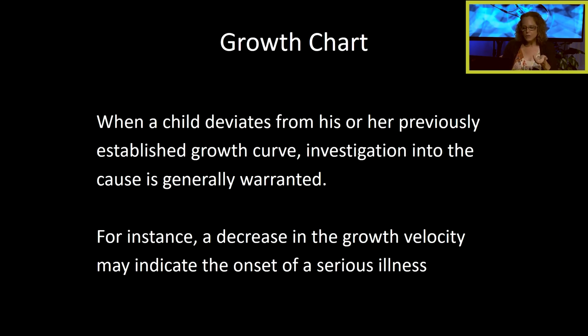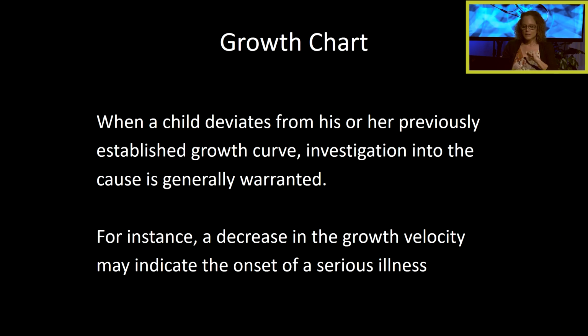So when a child deviates from his or her previously established growth curve, investigation into the cause is generally warranted. For instance, a decrease in the growth velocity may indicate the onset of a serious illness.